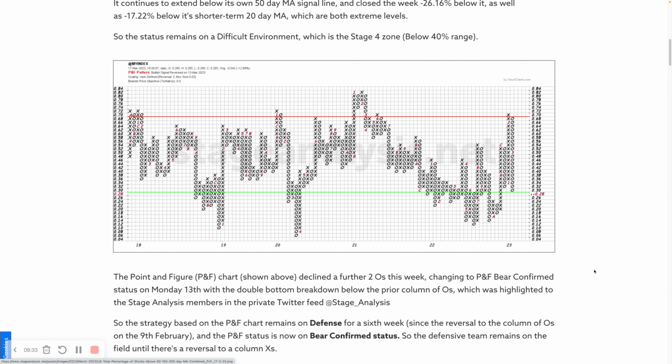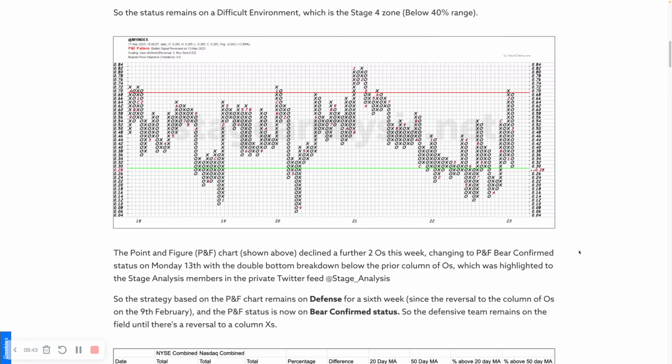So we're now on what we consider a bear confirmed, but it's been declining in a column of O's for 6 weeks now. Whenever you're in a column of O's, as I said, you're on defense. It's been gradually worsening, and we're now getting down into the lower zone. Because we're below the 40% level here, we're now back in that stage 4 zone.